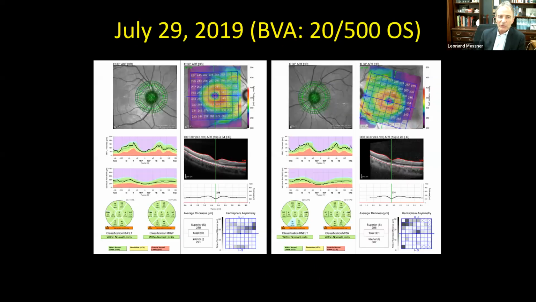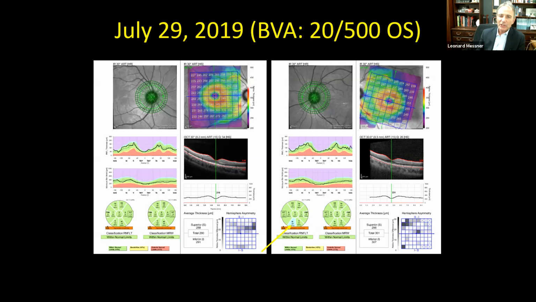When we look at her OCTs, her normal eye is on the right, the optic neuritis eye is on the left. On the left side, everything looks fairly normal with the slight exception of very mild inferior nerve fiber layer edema. But otherwise, the paramacular region looks normal, as does the rest of the optic nerve.